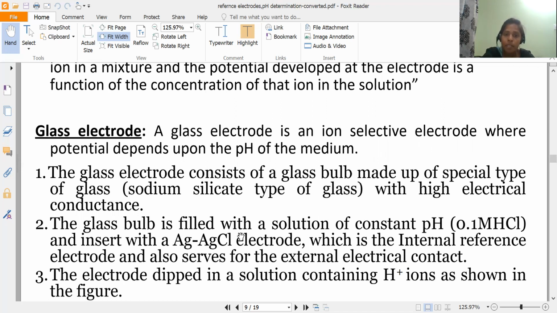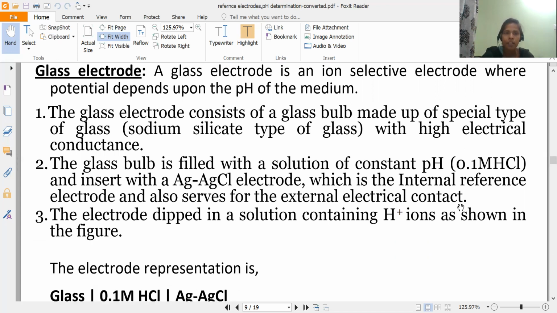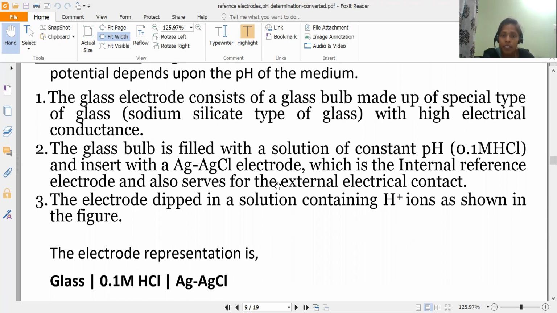And the glass bulb is filled with a solution of constant pH. The entire bulb, the glass membrane, is filled with a constant pH solution. That means we are filling it with 0.1 molar hydrochloric acid, and inserting a silver chloride electrode. In that, we are dipping the silver chloride electrode, which is the internal reference electrode and also serves for the external electrical contact.